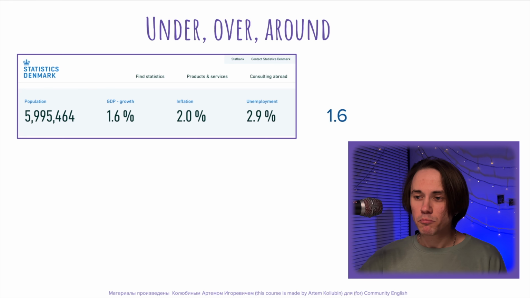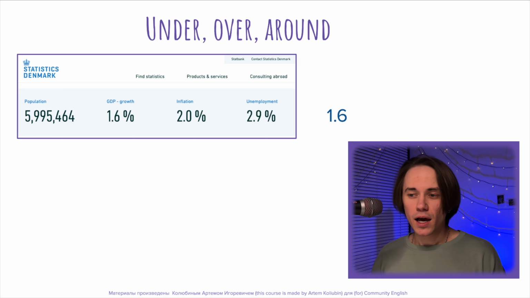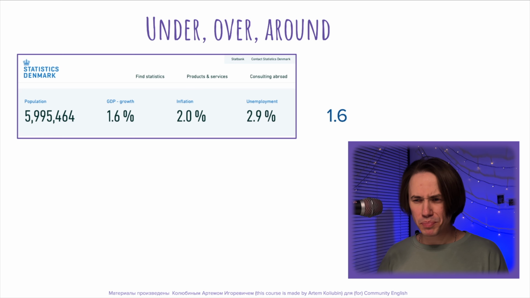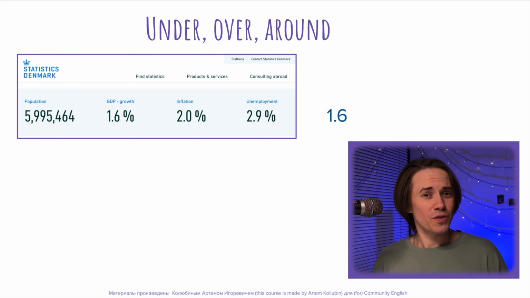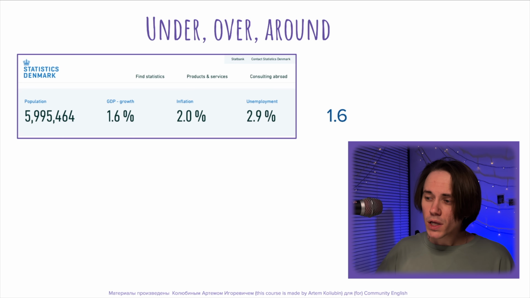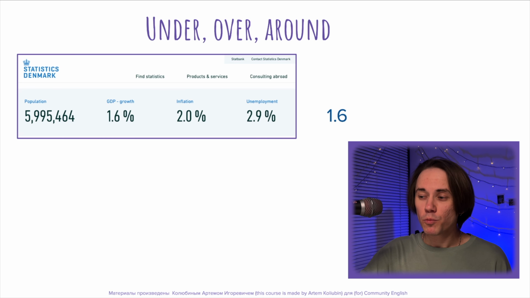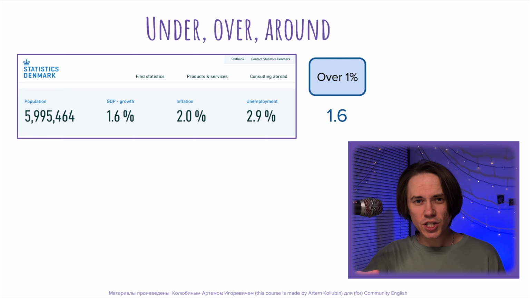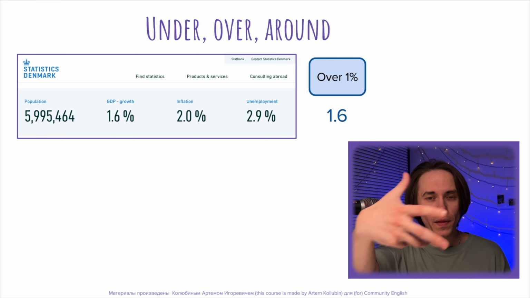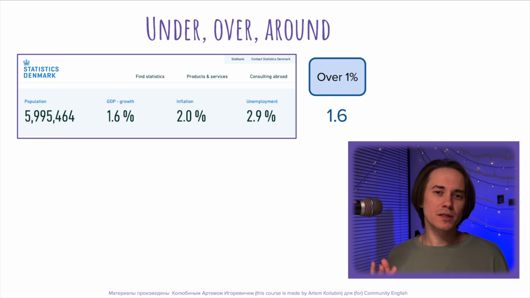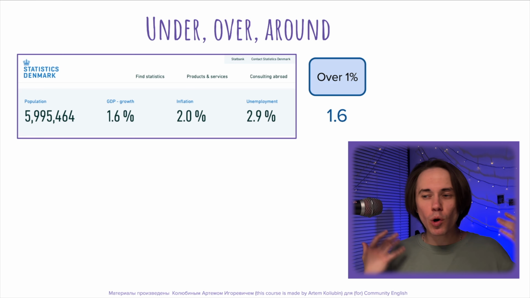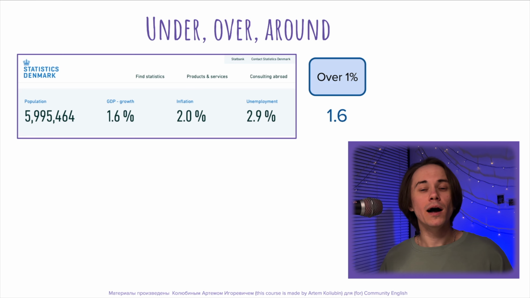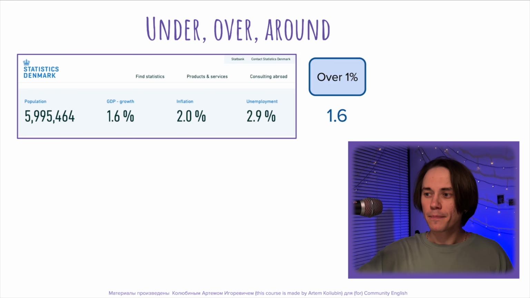So let's take, for example, 1.6 GDP growth. Well, what you can say is 1.6, but it's a little too specific. So what you can say is just over 1%, which means more than 1%. But native speakers generally don't want to say more than blah, blah, blah. Just over 1% or over 1.5%.